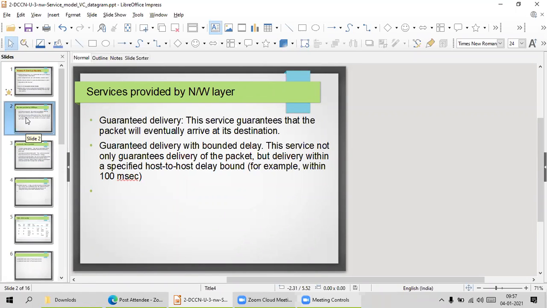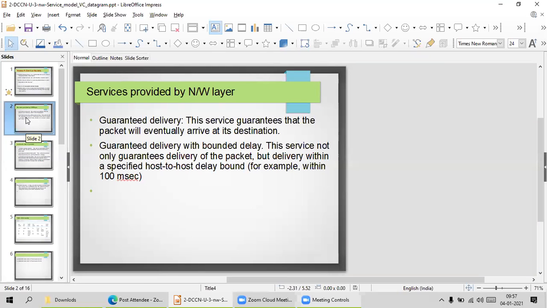If both devices are at 100 meters or 200 meters distance, how much time may it take, even with delay, to reach that particular device? That is nothing but guaranteed delivery with bounded delay.